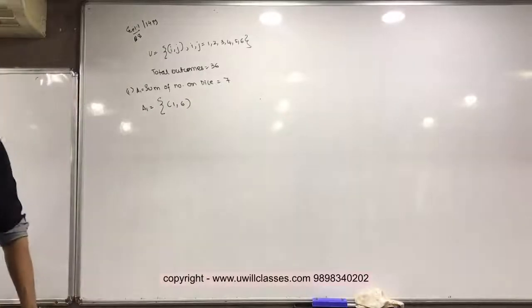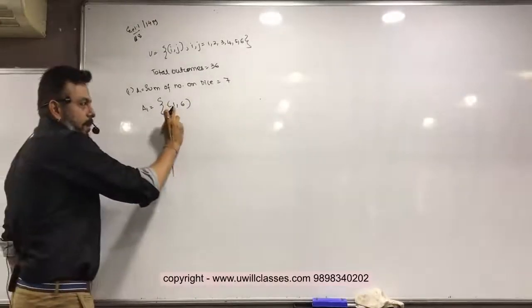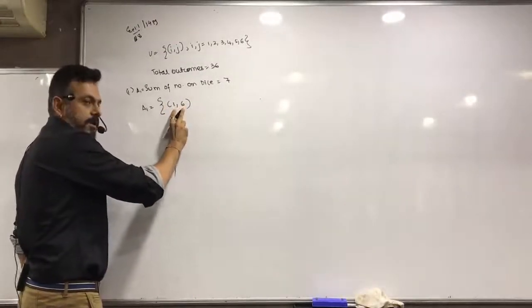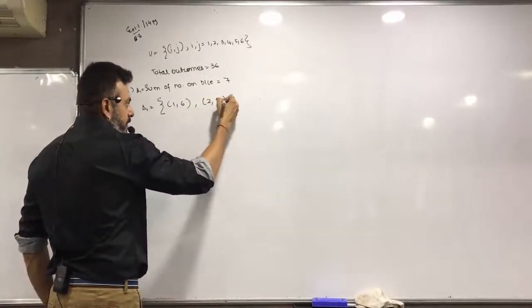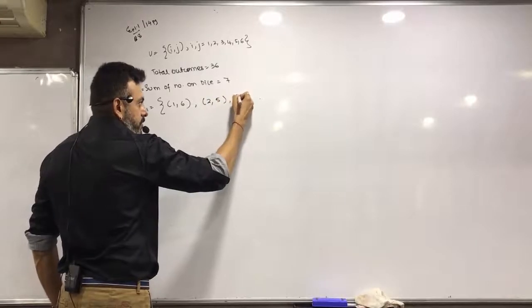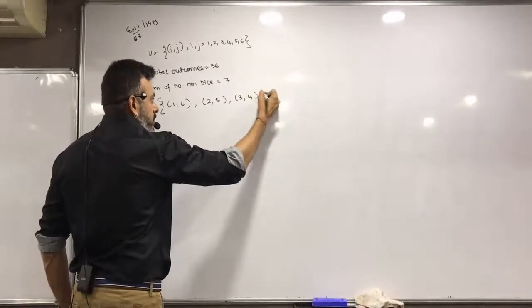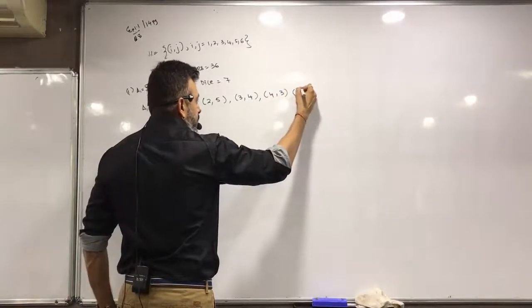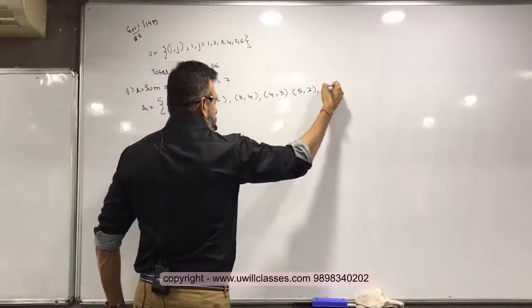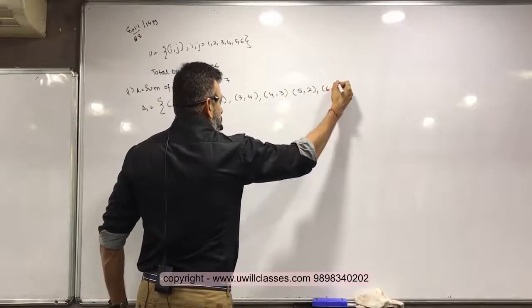Simple, heading first is (1,6), so total is 7. Then (2,5), then (3,4), then (4,3), then (5,2), and then (6,1).